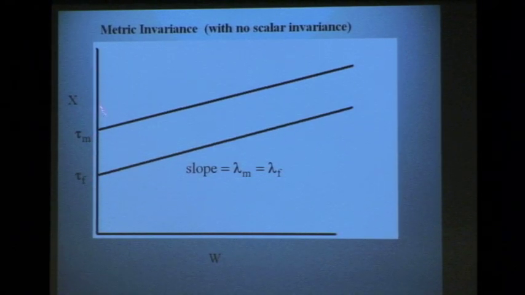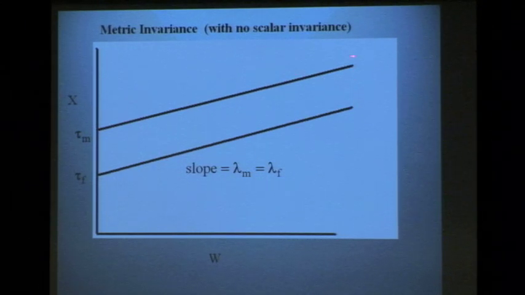This axis is the measured variable. We'll think of it as continuous for this example. The factor model specifies the regression of the observed variable on the common factor. If you have metric invariance, basically what you're saying is the slope of these lines is the same across groups. And here I've subscripted M and F for male and female because I'm using a gender example later.